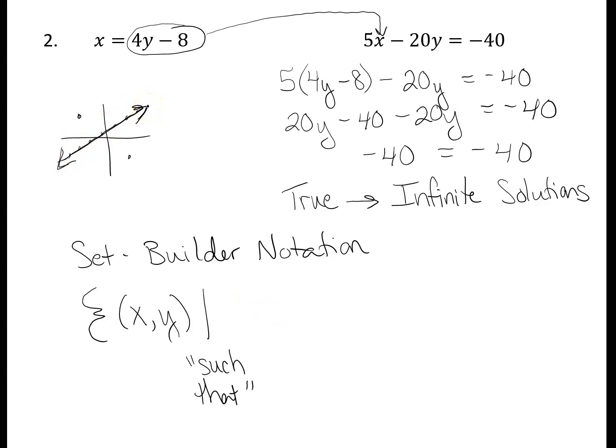Well, we can do that by just picking one of the original equations. It does not matter which, because they are both the same line. So I'm just going to go with this first one here, and I'm going to write it on the right side of the bar.